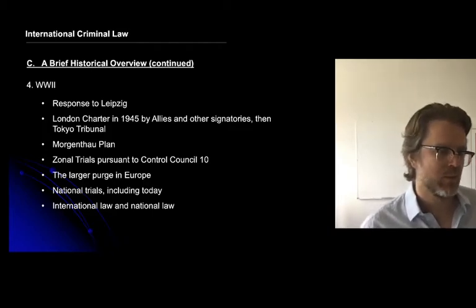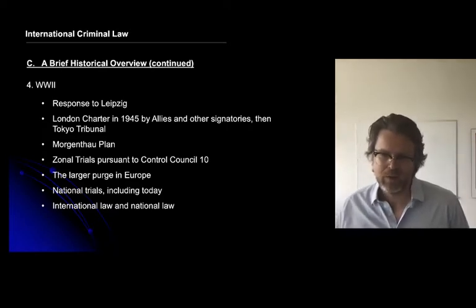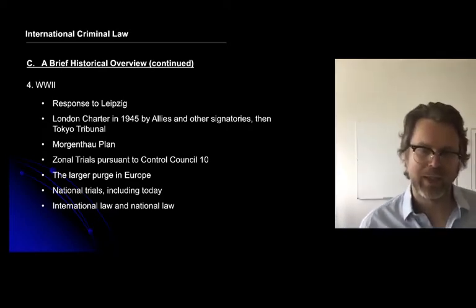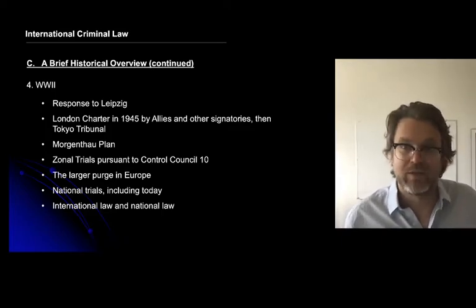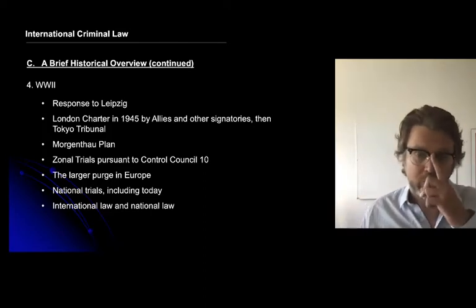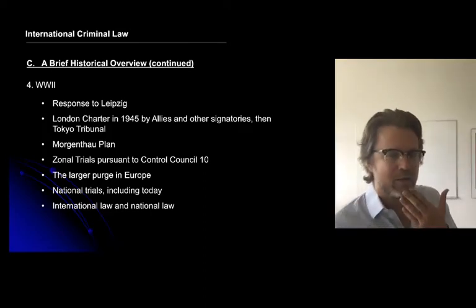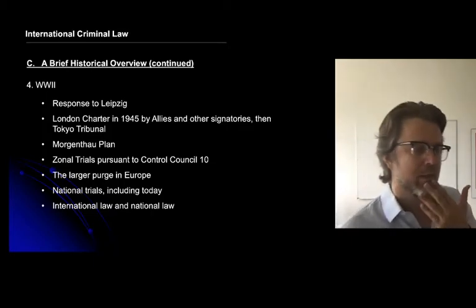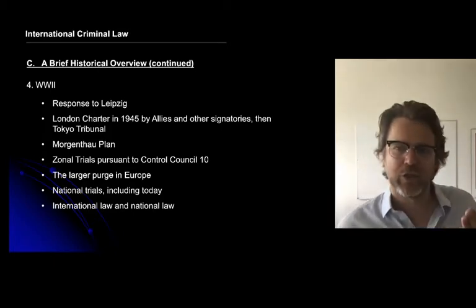But once the war came to an end, there was suddenly an acute problem, which we see time and time again in this field. Well, what are we going to do about the atrocities? They were spectacular in amplitude, although, note, very little consciousness of the Holocaust at that juncture. And what the primary focus is of post-World War II trials is aggression.